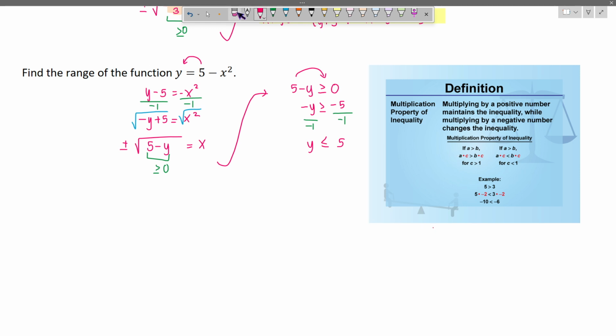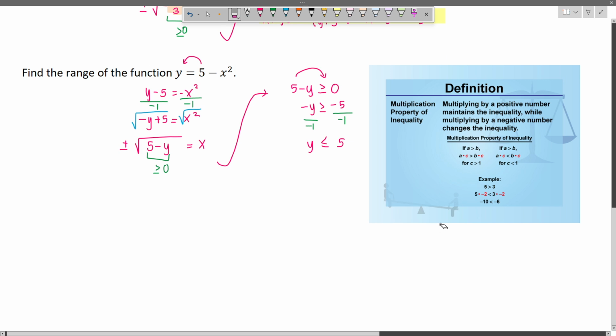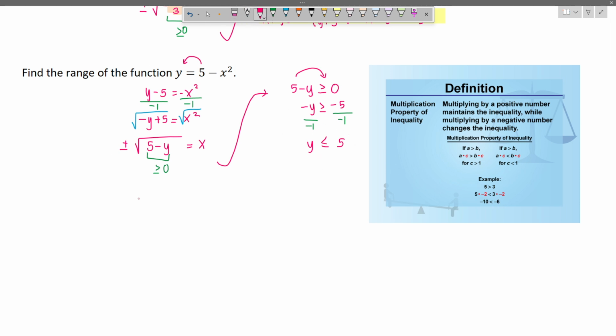But basically, again, if you're multiplying or dividing a negative number on both sides of an inequality, you need to switch the inequality. Okay. So the answer, our range is now y such that y is a real number and is less than or equal to 5. So that's how we solve for the range.